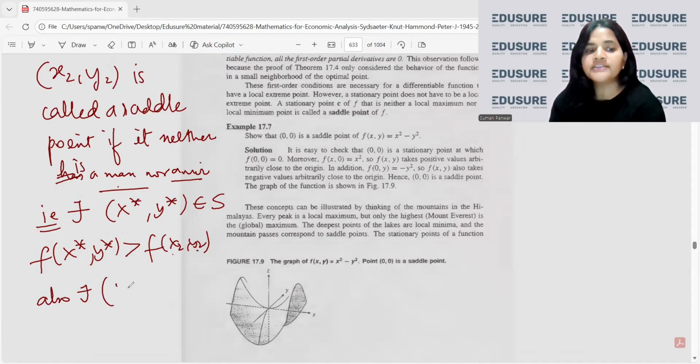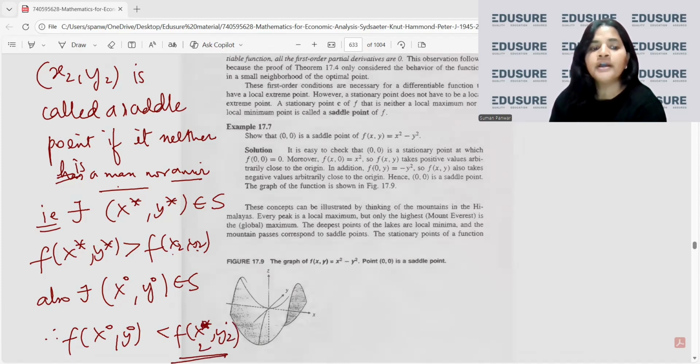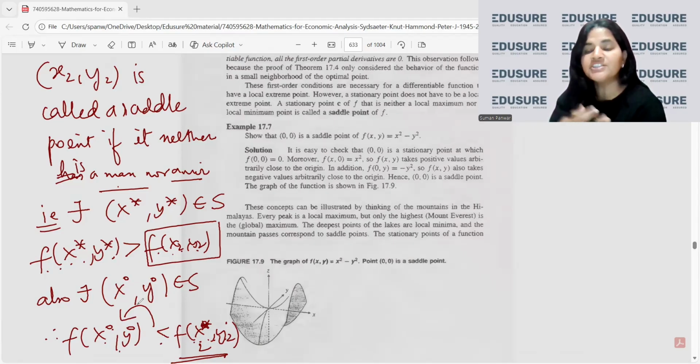Also, there exists (x0, y0) in the domain such that f(x0, y0) is less than f(x2, y2), so (x2, y2) cannot be a minima, because I have a point where the function takes a lesser value. These kinds of points are known as saddle points.